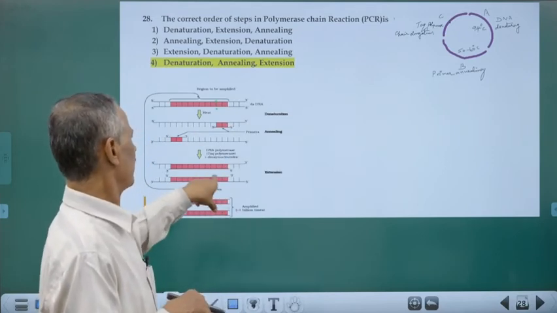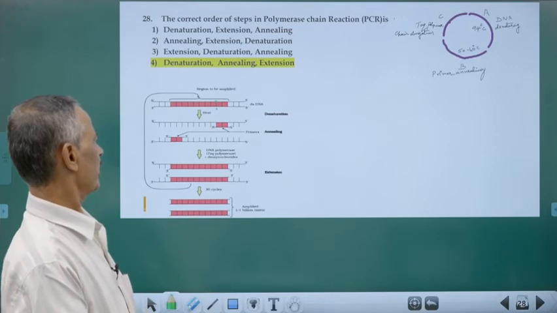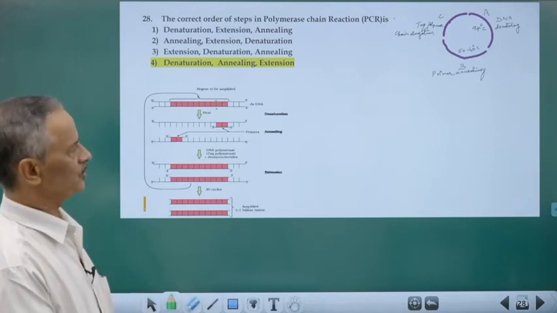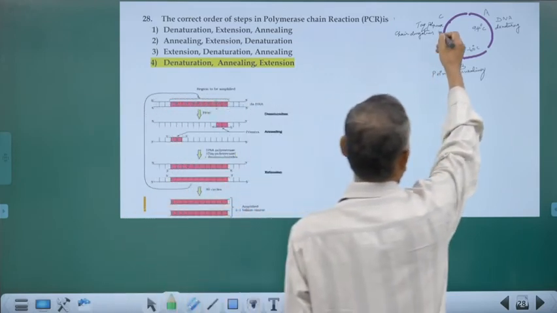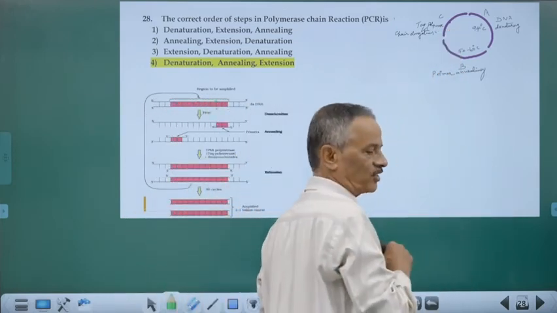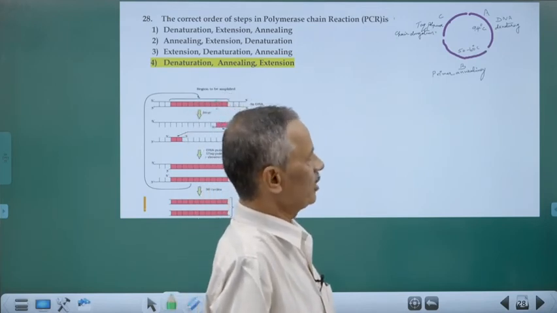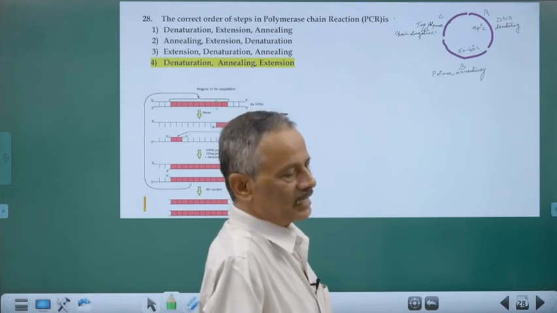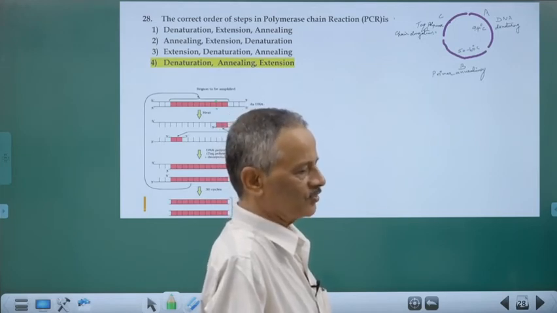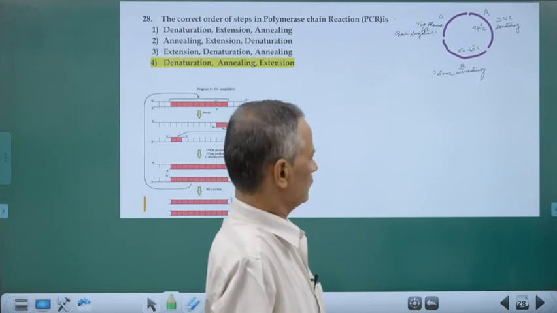The chain is extending, growing. How is the chain extension occurring? Because of the action of Taq polymerase. Taq polymerase acts only in the last, 3rd stage, so that single chains become double chains. So it's a cyclical event. That's why I have drawn it like that. It's a cyclical event having 3 steps. Clear?